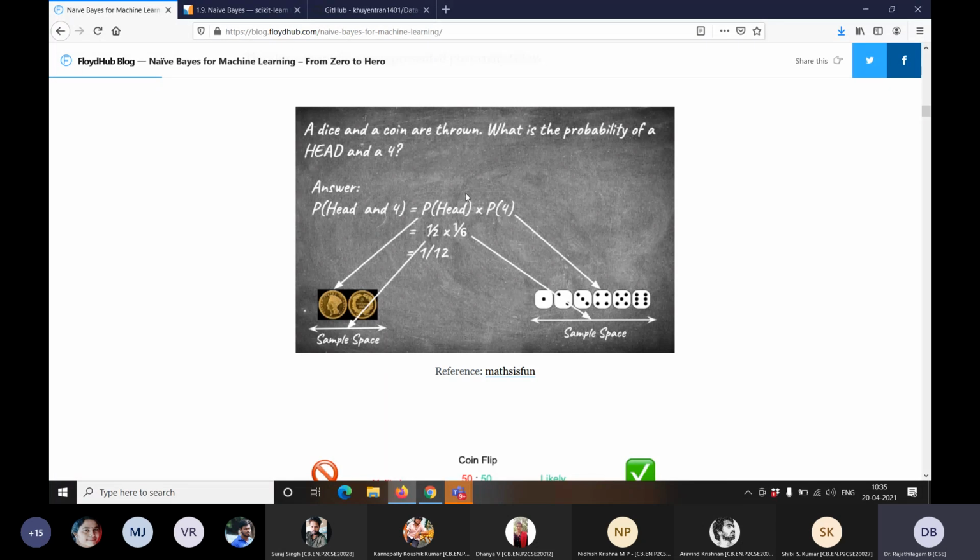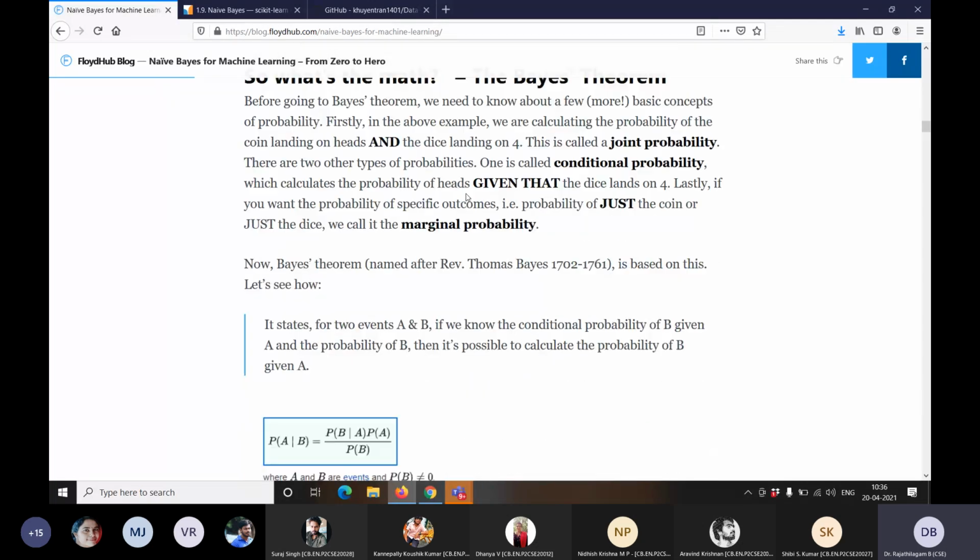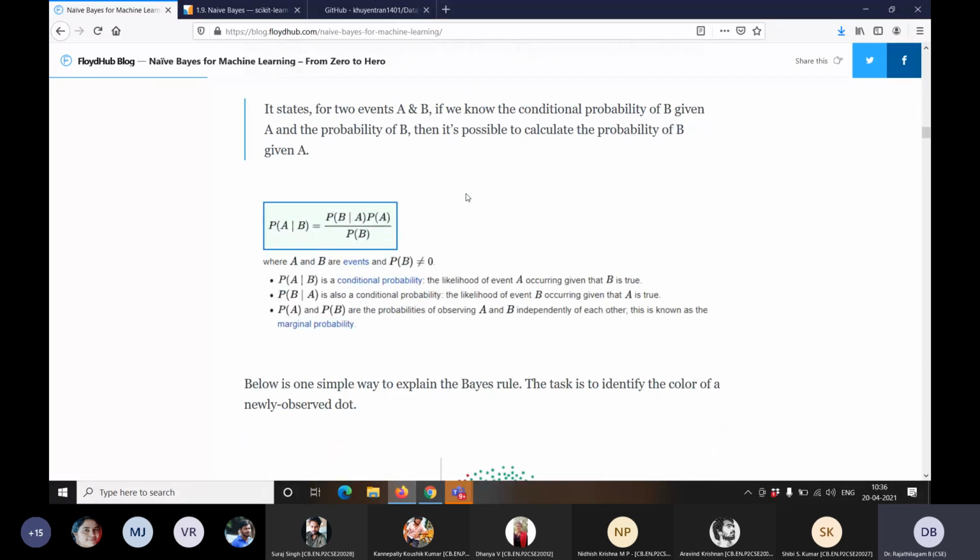When these two events are independent, you just need to multiply the marginal probabilities of the events. It could be more than 2 events, and if all of them are independent, simply multiply their individual marginal probabilities. So P of A is a marginal probability, P of B is a marginal probability, whereas once one event is occurring, what is the probability of the other event, in case there is any dependency?